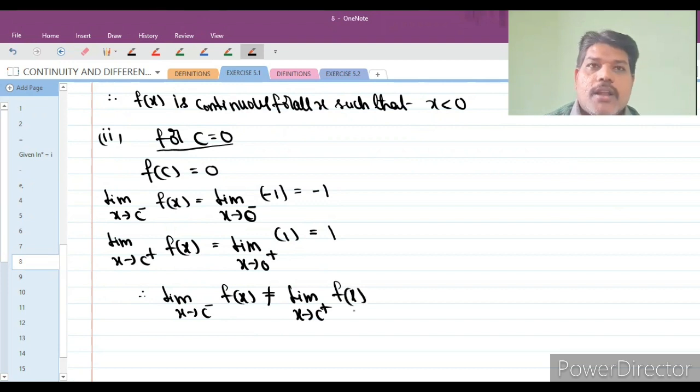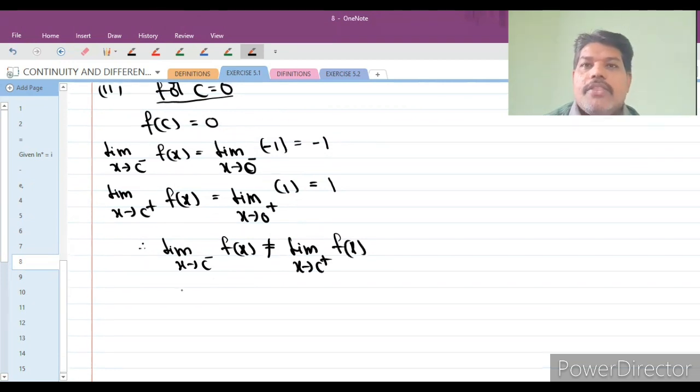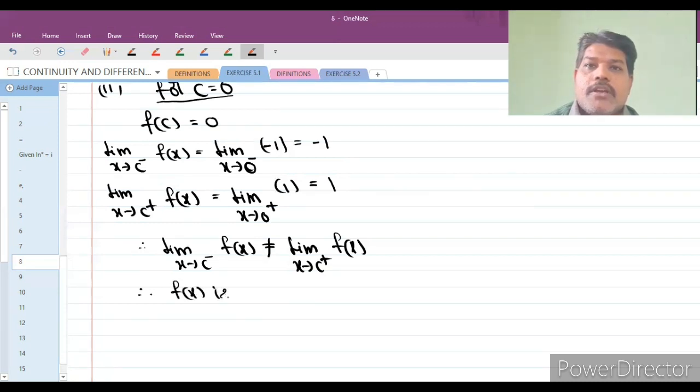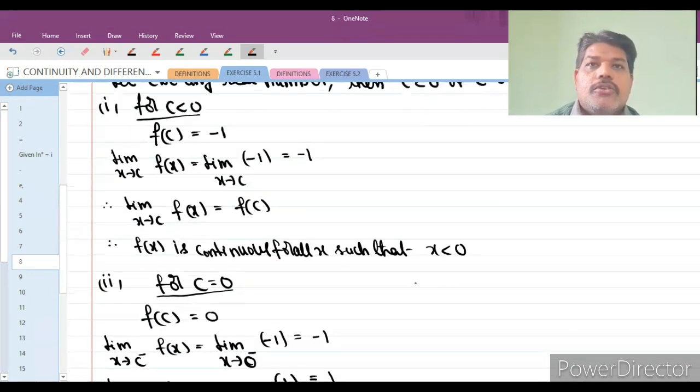Both are not equal. Therefore, we can say that f of x is not continuous at x is equal to 0.